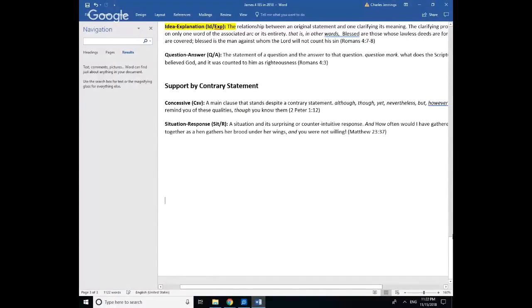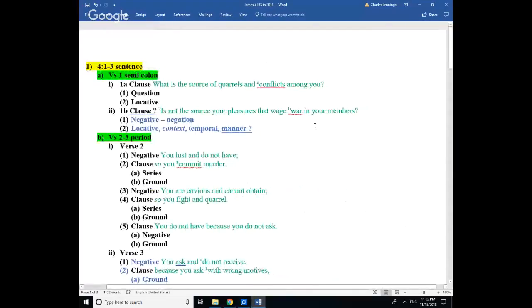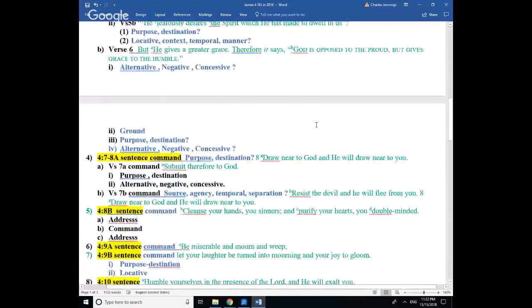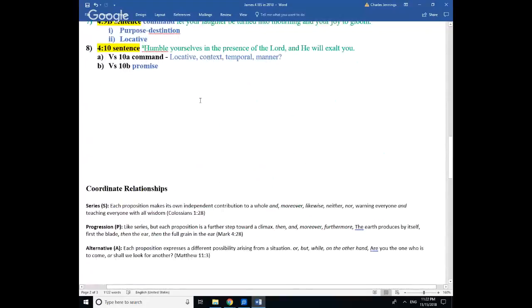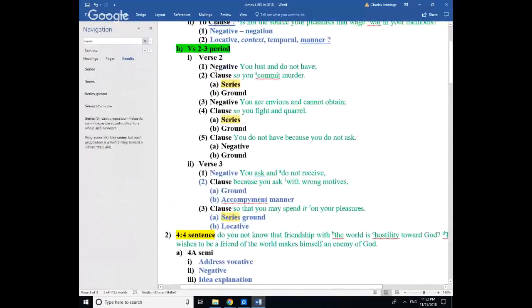Okay. So here's our sheet to mess up today. Series, progression, alternative. If you're on a computer, which we are, we're just going to type in the word series and watch what happens. All right, here's a series. Okay, what does series show? Do you remember? It's independent.